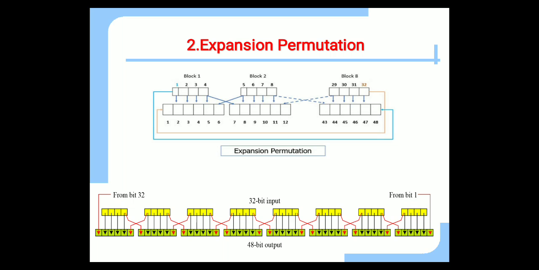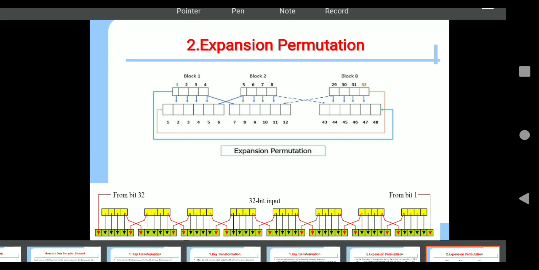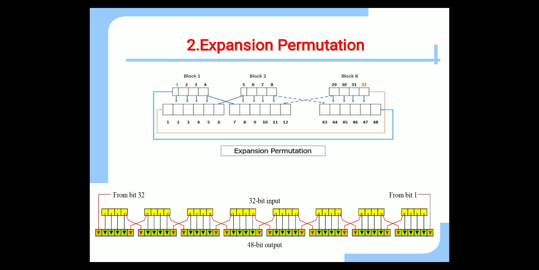So here 1, 2, 3, 4, 5, 6, then 7, then again 8, 9, 10, 11, 12. You can write it like this also: 1, 1, 2, 3, 4, then 5, then 4, then 5, 6, 7, 8, then 9, then 8, 9, 10, 11, 12, then 13, and so on.